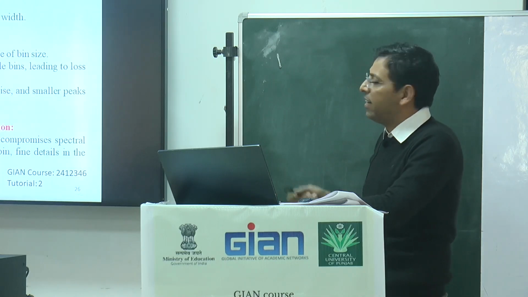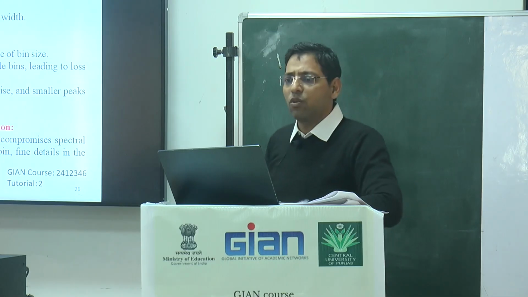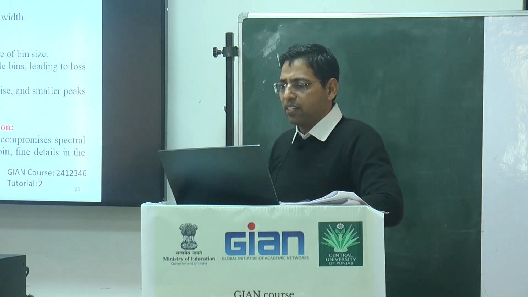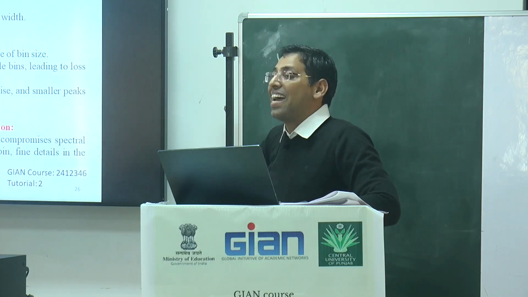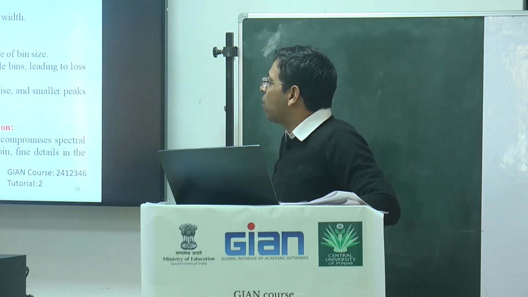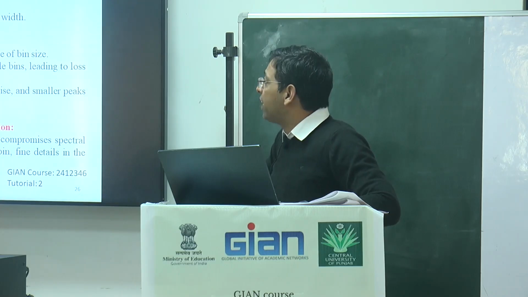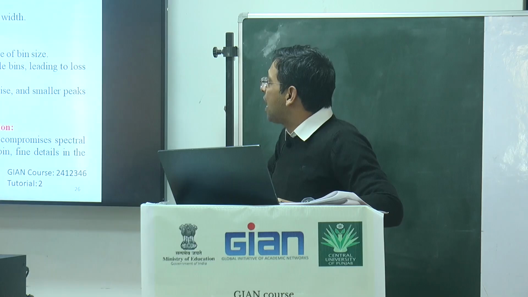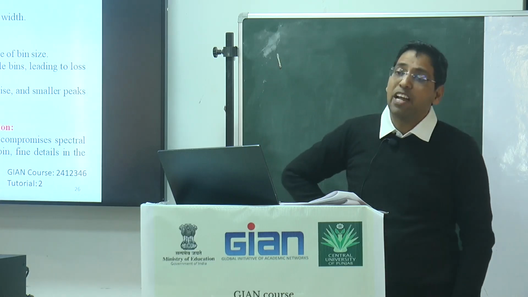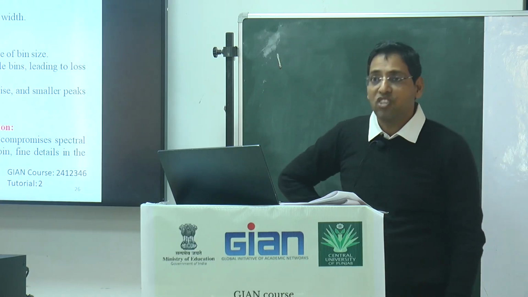So binning is the most important actually. It is, you can say, a double-edged sword. Binning is a widely used technique to compress the LCMS data. It converts the raw data into a matrix format, where retention time is plotted against the MZ value, mass to charge ratio.